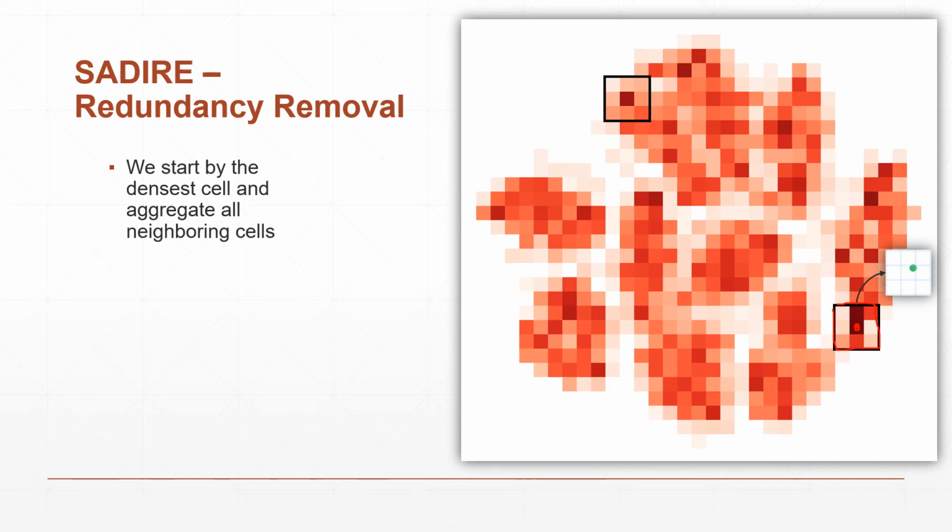That is, here is the second densest cell. We use the cell size K and the window size alpha to aggregate all the neighboring cells and return only the data point inside the center cell.